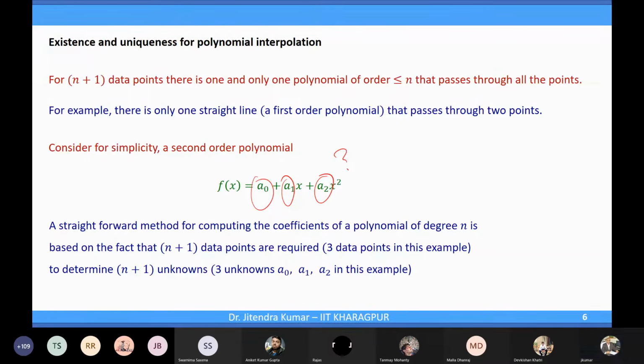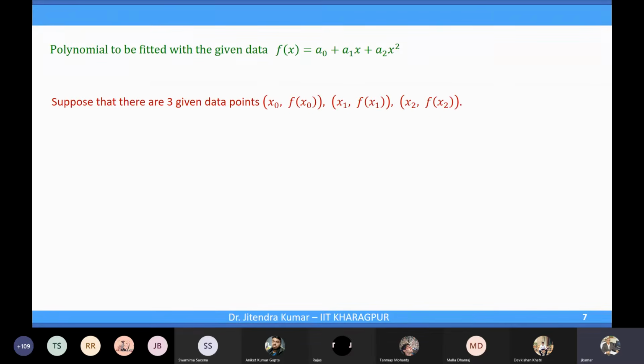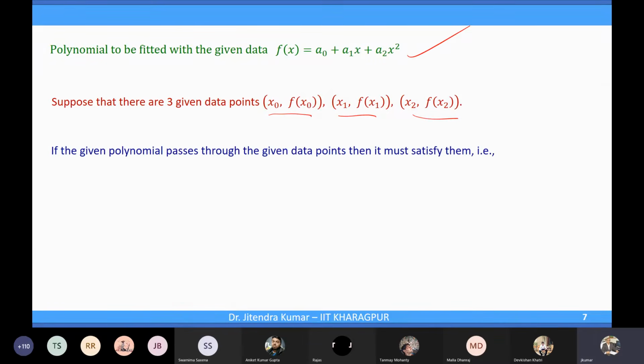So suppose we have three data points x0, f(x0), x1, f(x1), x2 and f(x2). These are the three data points given and we want to fit this second degree polynomial. We know that this polynomial must pass through these points: x0 point, x1 point and x2 point. Correspondingly, we have these values given, and we want to know the polynomial which passes through all these points.